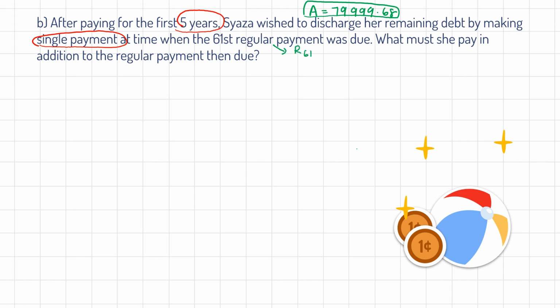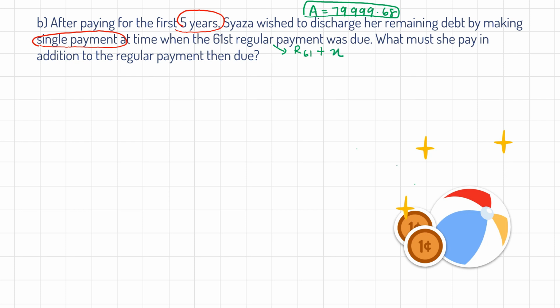At the payment of 61, she wants to settle all her debt. That's what it means. Okay? And then the question asks you to find what must she pay in addition to the regular payment then due. Therefore, at the 61st payment, she needs to pay R61 together with some amount of money. Let's portray it as X.